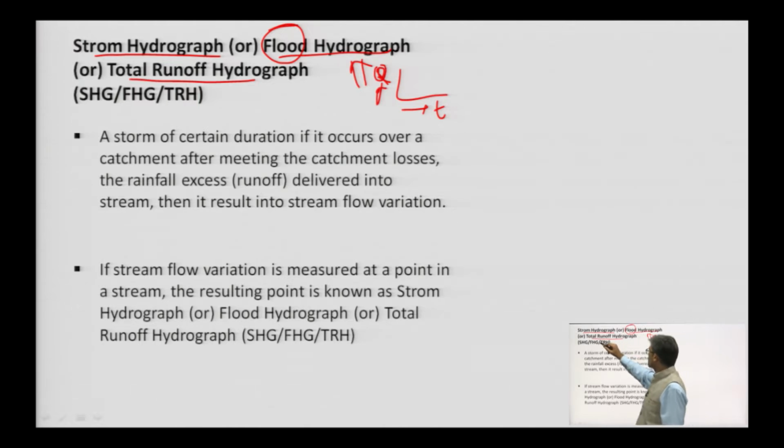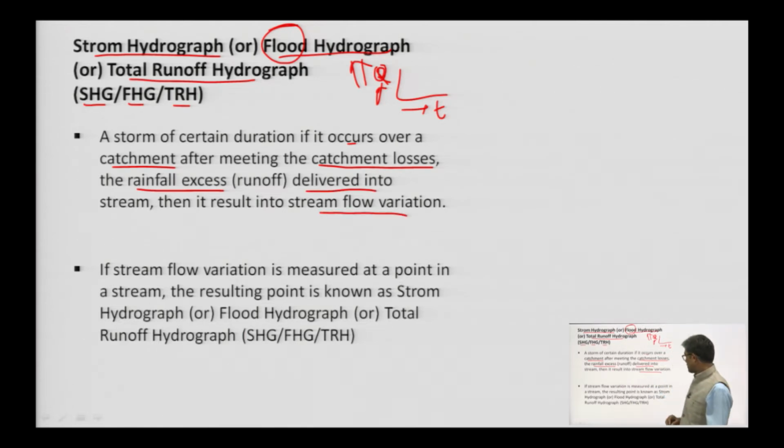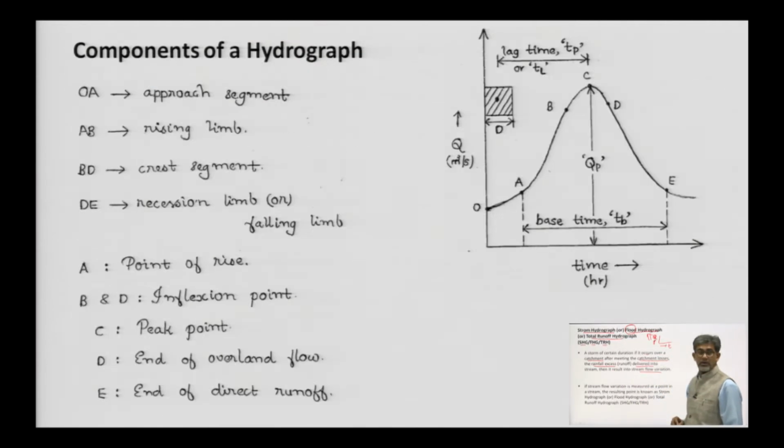Storm hydrograph, flood hydrograph and total runoff, in short form SHG, FHG, TRS, represent the same thing. If a storm of certain duration occurs over a catchment, after meeting the catchment losses, the rainfall excess is delivered into the stream and results in this. That I have told you.